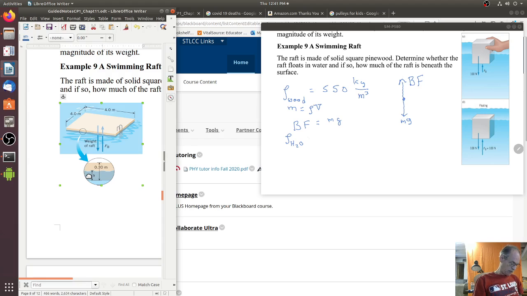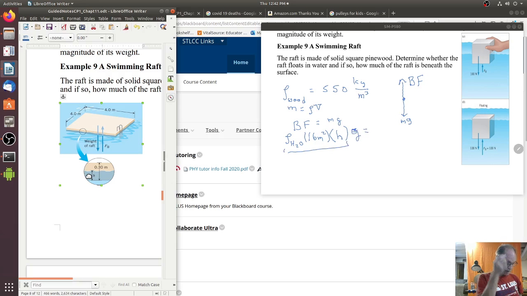Now the volume is going to be the area, 16 meters squared, 4 times 4, times how much is under the water, which is h. Okay, also times g, because this is the mass of the water displaced. So I'd multiply that by g to get the weight of the water displaced.